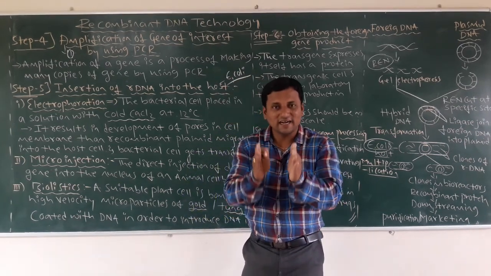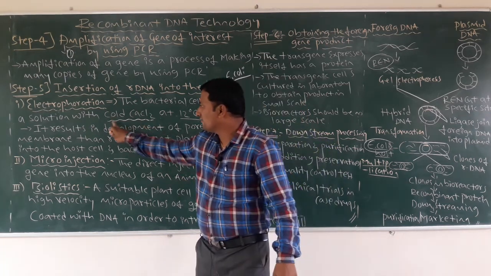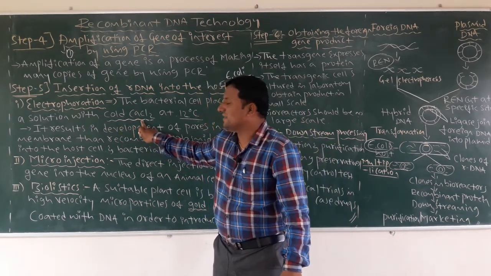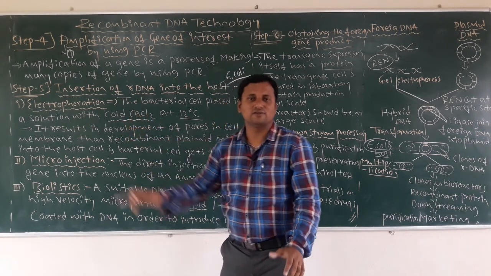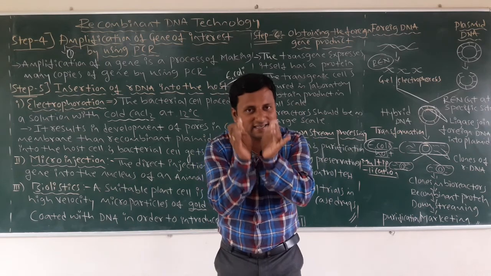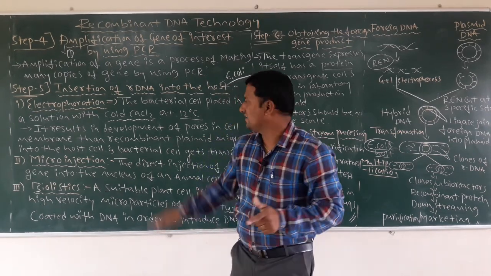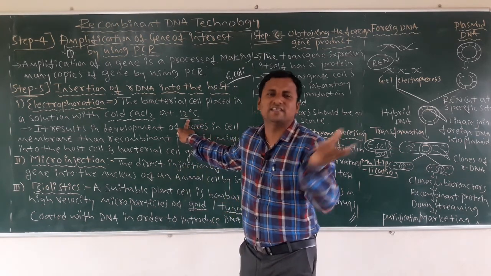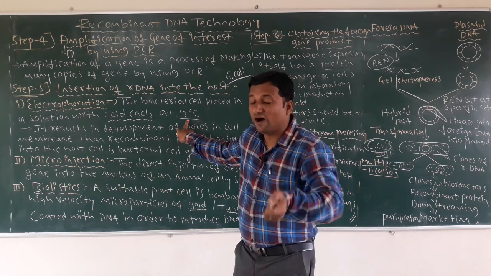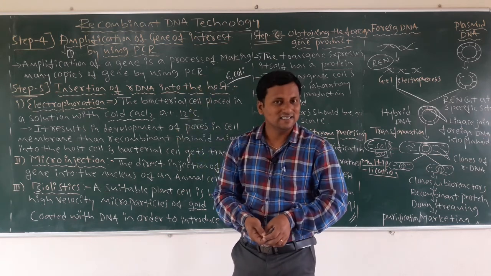This E. coli bacteria must be placed in cold calcium chloride solution, at a minimum temperature of only 12 degrees. It requires some temperature, not completely freezing conditions, because we want to transfer the foreign DNA or foreign gene.